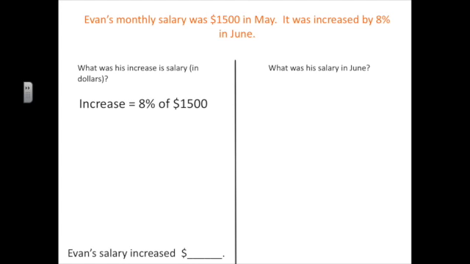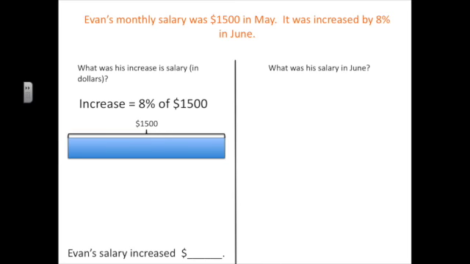We can illustrate this with a bar model. We'll start by drawing the full bar, and then we can label our whole $1,500. We want to find 8% of $1,500, so we're going to label 8% on our bar and also add our question mark, as that's what we're trying to solve for. Next, we can do our math. 8% of $1,500 is the same as 8/100ths times 1,500 over 1.